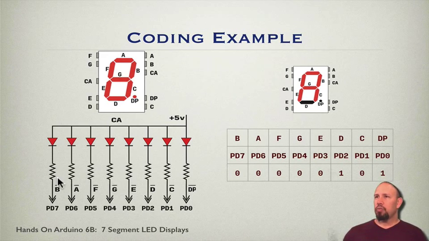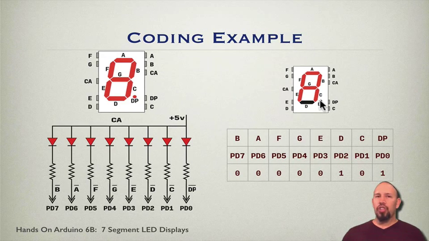Okay, having made these connections, we now connect digital pins. So the PD is port D, pin 0, port D, pin 1, and so forth up to port D, pin 7. So these are the digital pins 0 through 7 in port D. If we wanted, for example, to light up the LEDs to display the letter A, this is how it would look, a capital letter A. Notice that all of the segments are lit except for this one and this one.